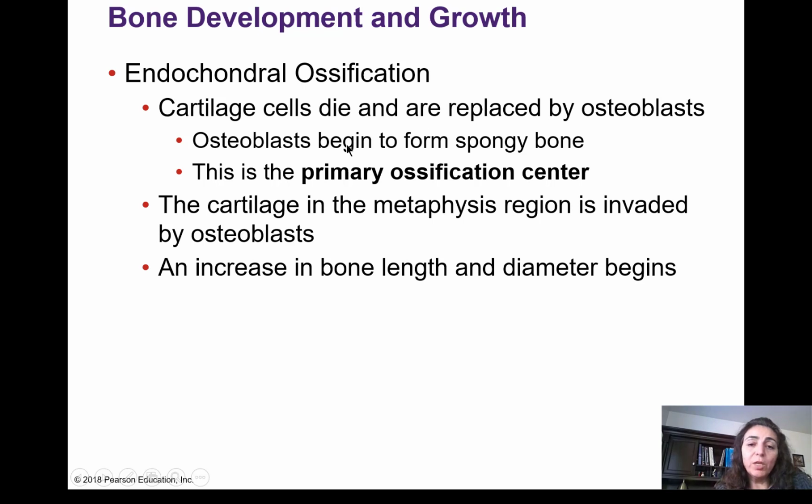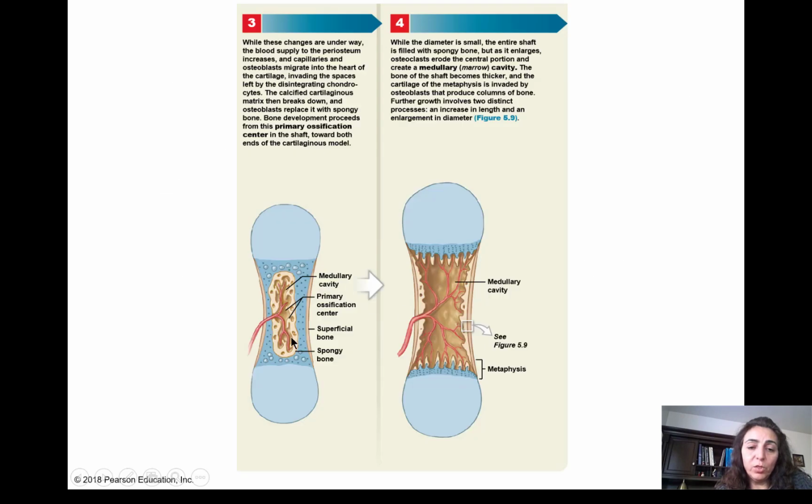As we discussed, osteoblasts begin to form spongy bone, and this is the primary ossification center that is located in the center of a long bone. Then the cartilage in the metaphysis region is invaded by the osteoblasts, and an increase in bone length and diameter begins, like this one. So that was the center. It was cartilage cells, now replaced by osteoblasts, and they start making new bone here.